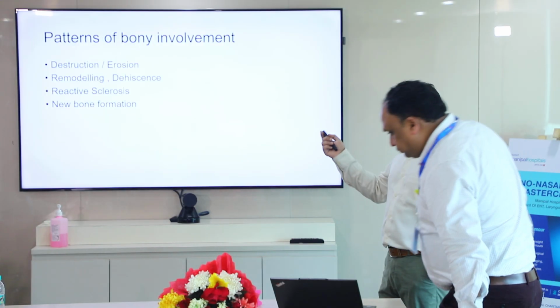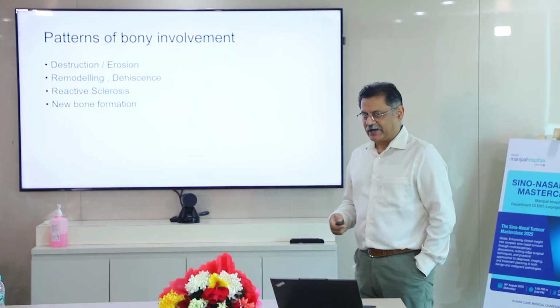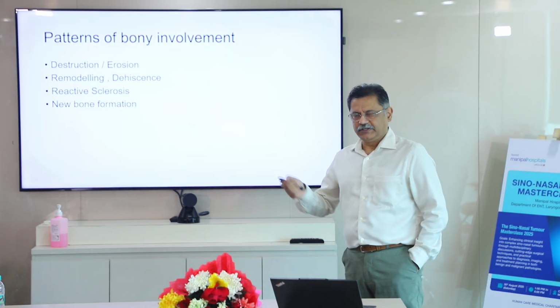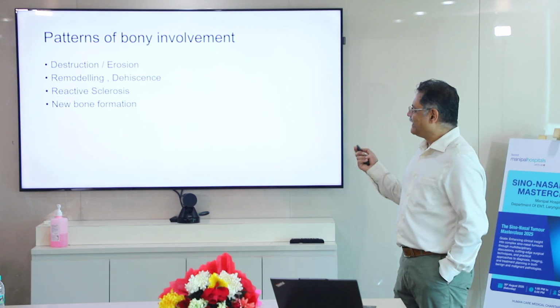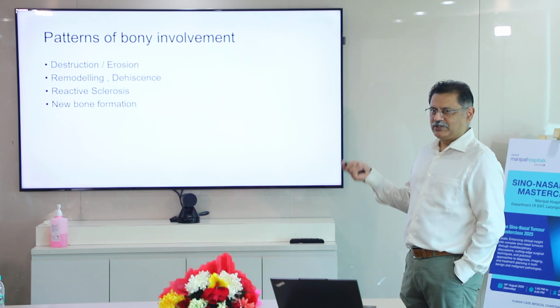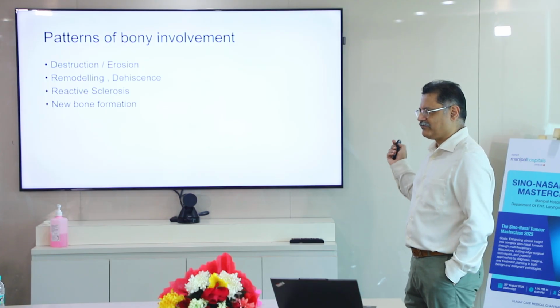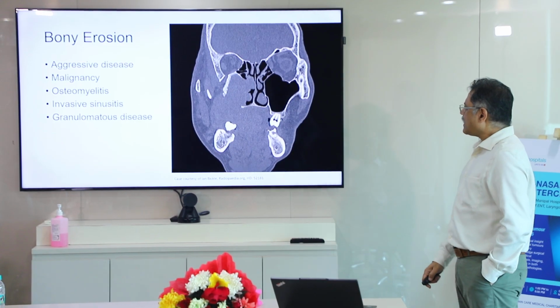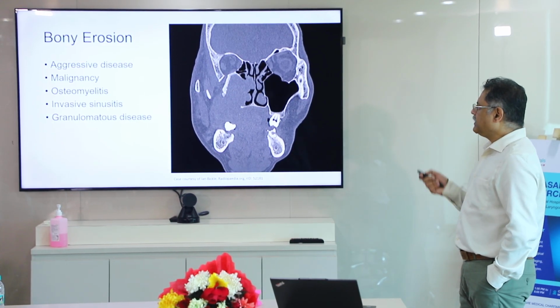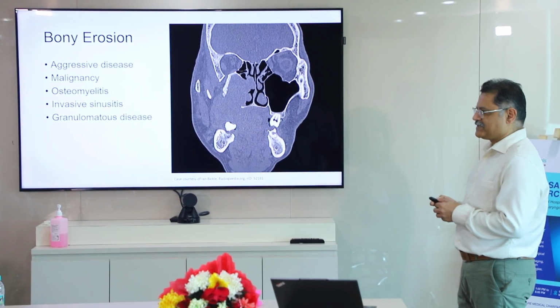Now, I'm going to be talking about the patterns of bony involvement, each in slight detail, not too much, because each one is a heading by itself for a full-blown talk. So, bony erosion basically implies aggressive disease.